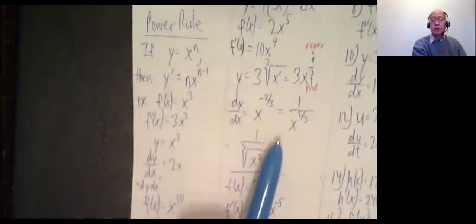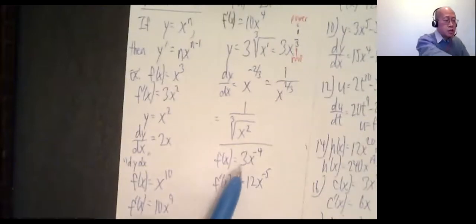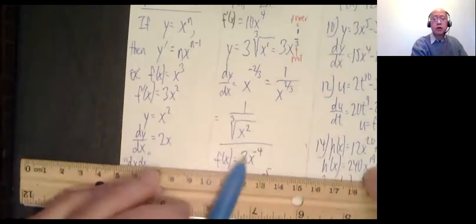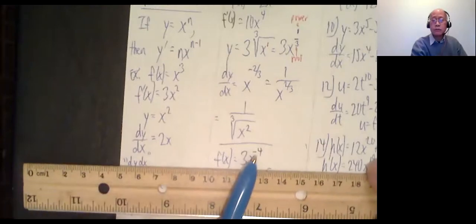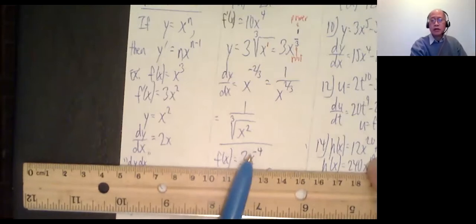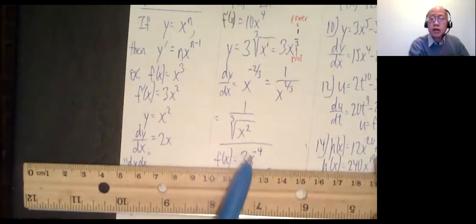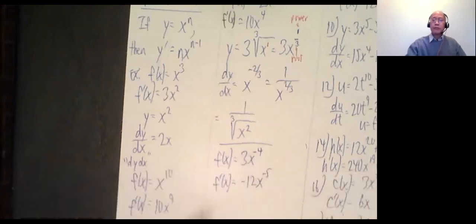Okay. Now, one exception about the negative exponent rule, I think I've mentioned this before. If your problem starts off with a negative exponent, you may leave it as a negative exponent. I mean, it sounds hypocritical to say you've got to have your answer without a negative exponent and the problem starts off with a negative exponent. So if the problem starts off like that, you may leave it as a negative exponent.